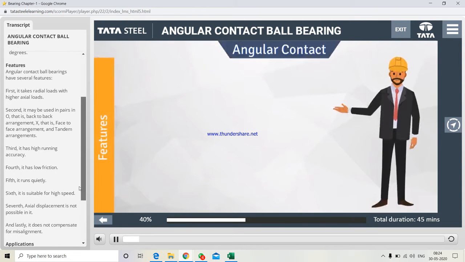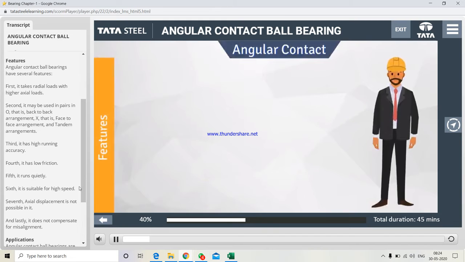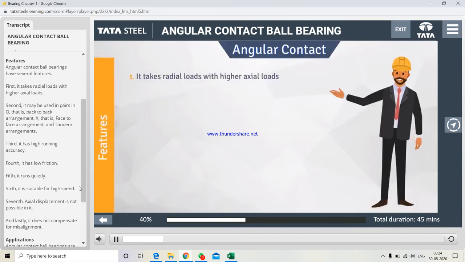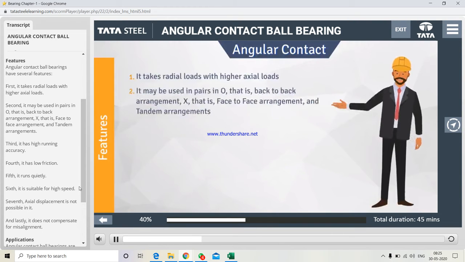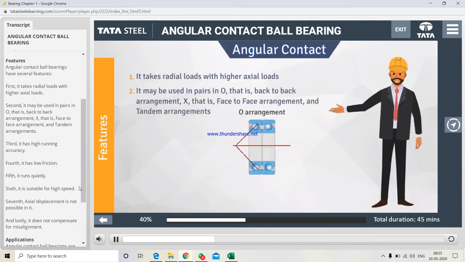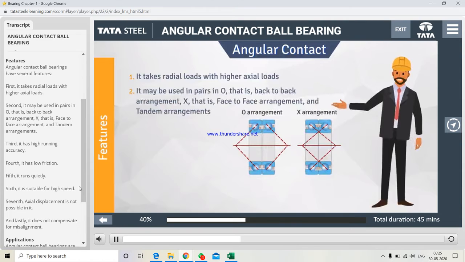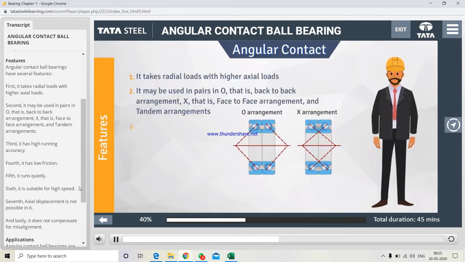Angular contact ball bearings have several features. First, it takes radial loads with higher axial loads. Second, it may be used in O, that is, back-to-back arrangement, X, that is, face-to-face arrangement, and tandem arrangements.